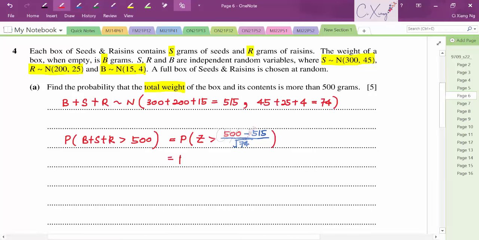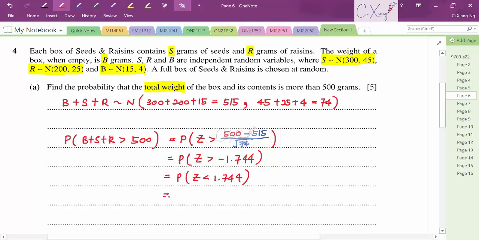The z-value that we get in this case will be negative 1.744. So the area for negative 1.744 is actually equal to the area for smaller than 1.744, with a positive sign.